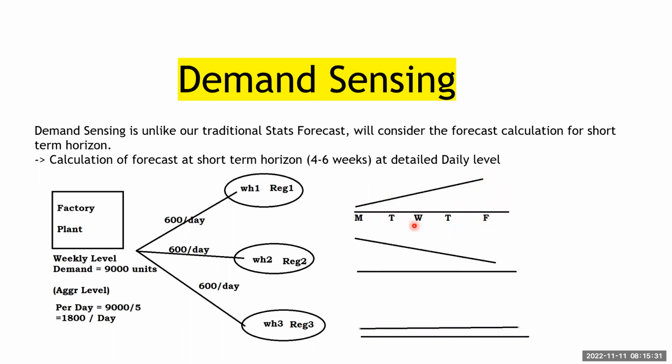So it is not a uniform kind of pattern that we will have on all the 5 days, depending on the nature of the business that we are in, right? For example, if we are in the food industry in a metro city, then demand may go up more on the weekends, right?